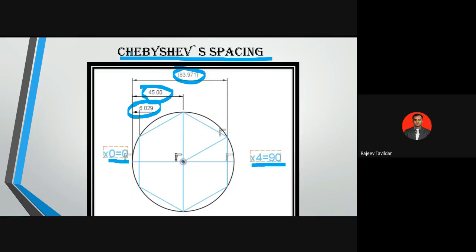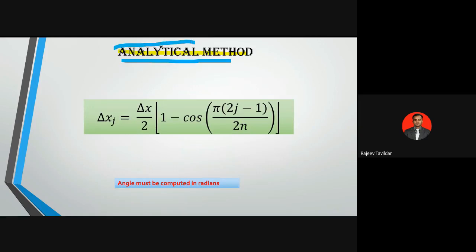Now, Chebyshev has also given us another approach called the analytical method, wherein this is the important equation which I want you guys to note down. It says that delta xj, where j can vary from 1, 2, 3, 4, 5 depending upon how many precision points you want, is equal to delta x by 2 times the bracket of 1 minus cos of pi into 2j minus 1 divided by 2n.